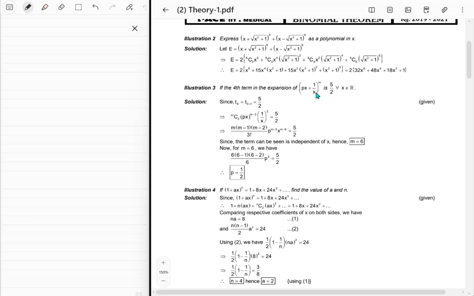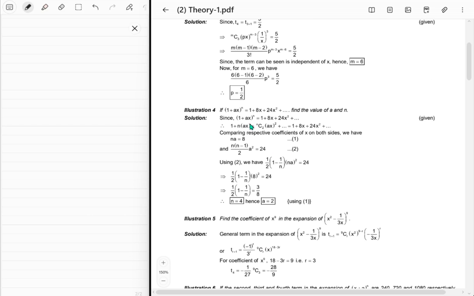So it's going to split exactly in half and half. So this will be m upon 2 and m upon 2. So the fourth term, that's the r equal to 3 term. So this will be x cubed and 1 upon x cubed. So m should be 6. I mean, you didn't have to do all of this. Come on. m is equal to 6, of course. That's independent of x. And then once you know that, you can figure out what p should be. Just find out the term, put this value in front of it, and then solve for p. So yes.